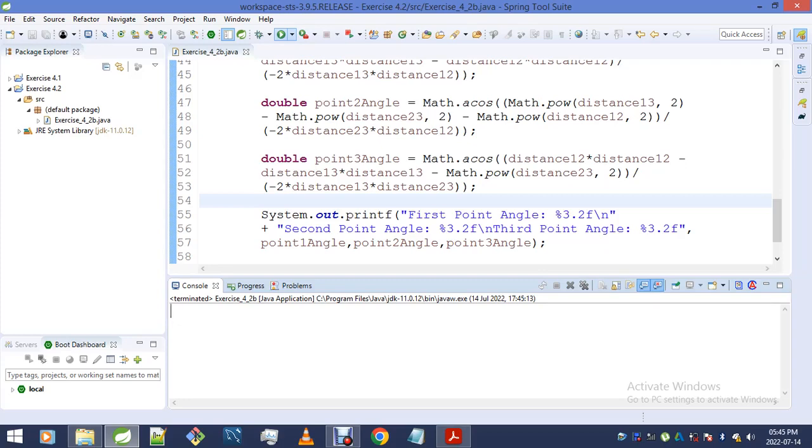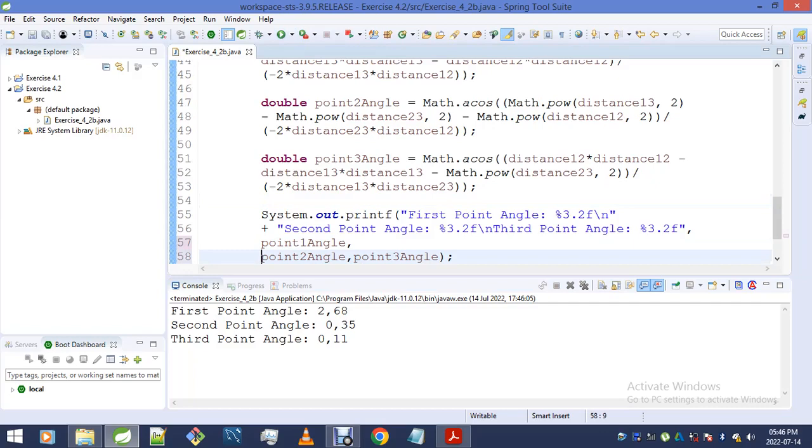I didn't continue because there's something I want you guys to know about our output. If we hit our run button, you see the numbers we get are those tiny ones, right? That is because our output is actually in radians.